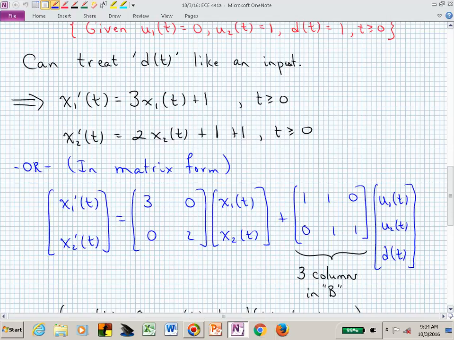And now I might ask you, what's the dynamic behavior or characteristics of this system? What I'm suggesting by that is, what are the eigenvalues of your system matrix? 3 and 2. It's a purely diagonal matrix, and your eigenvalues are immediately on the diagonal.